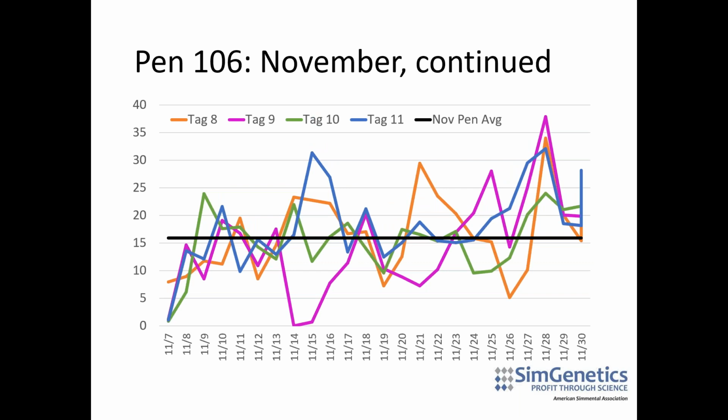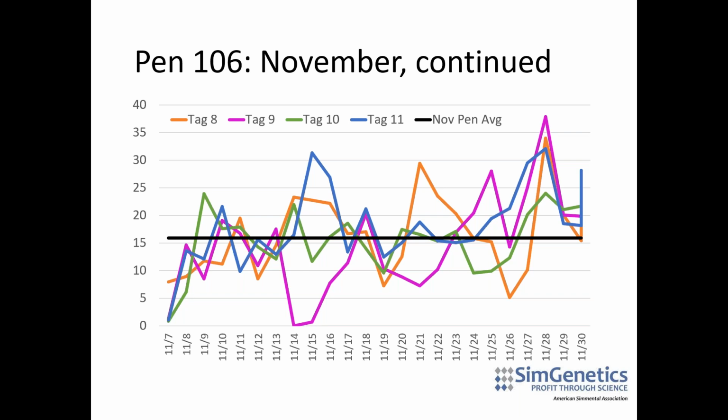Okay, so now the black line, the horizontal straight line, is showing us the pen average. Now we've got tag 8 in orange, 9 in scary purple color, 10 in green, and 11 is still in blue, same blue as before. So you can see tag 9, he really didn't come to the bunk on the 14th of November.